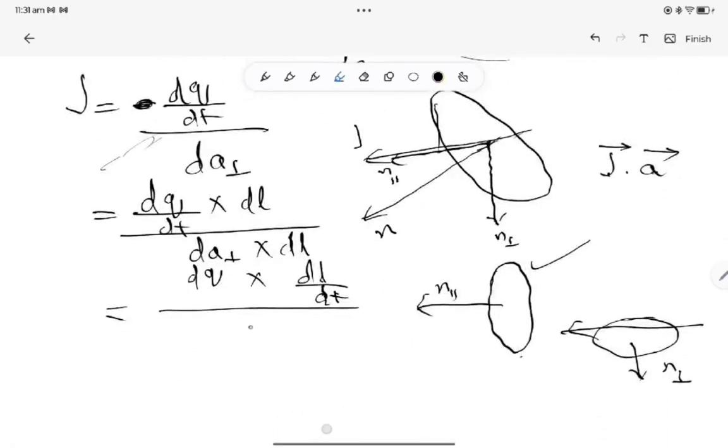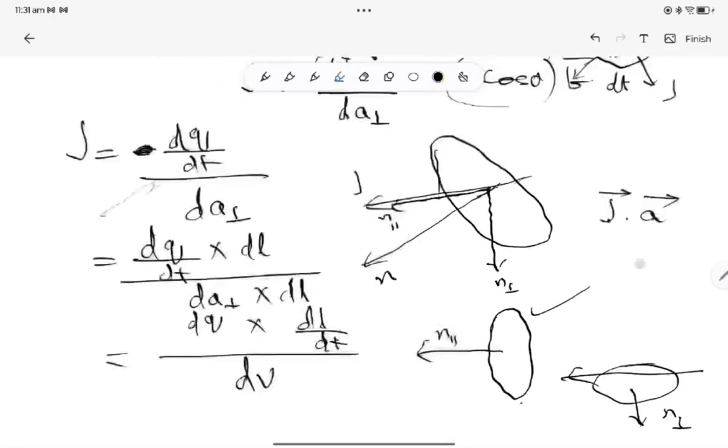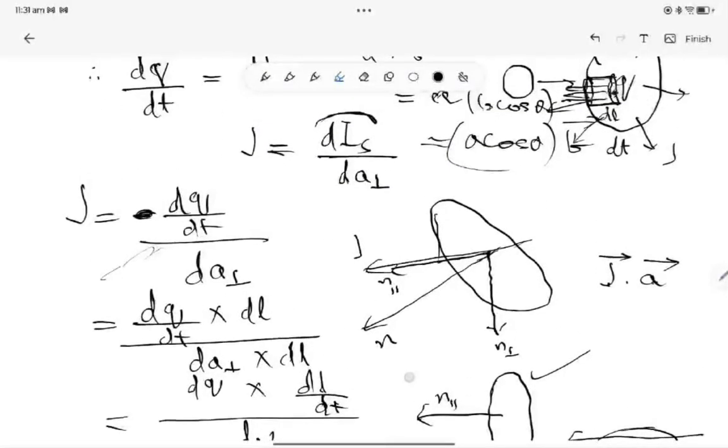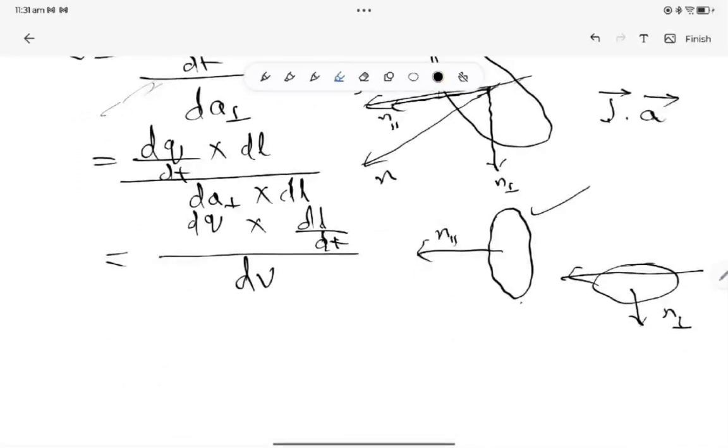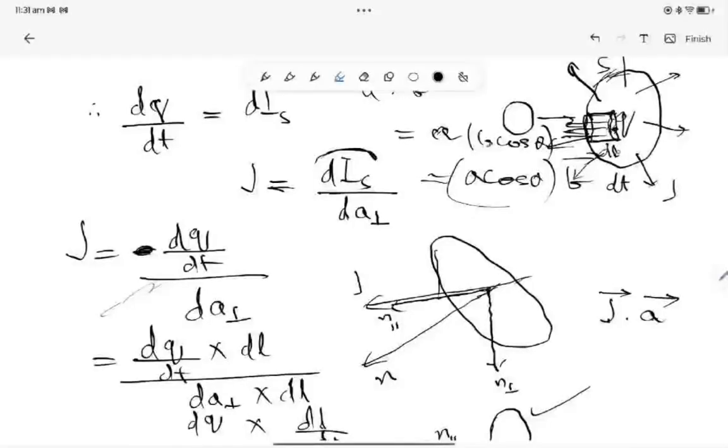Now we can write here this volume element from this to this. As you can see, we have dq into dl by dt. Now dl by dt, dl is the distance traveled per unit time. Who travels this distance? This charge dq.